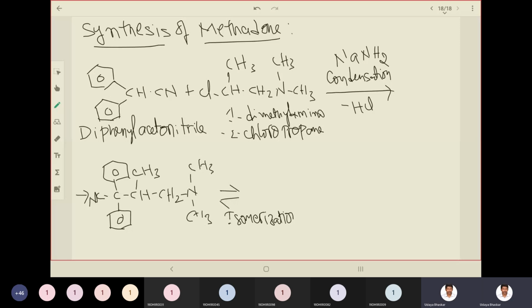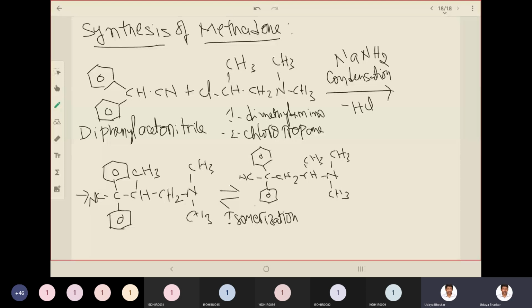Isomerization gives you the structure where the methyl group is shifted from one carbon to its adjacent carbon: CH2, CH, CH3N, CH3 and another. So you will get this after isomerization.